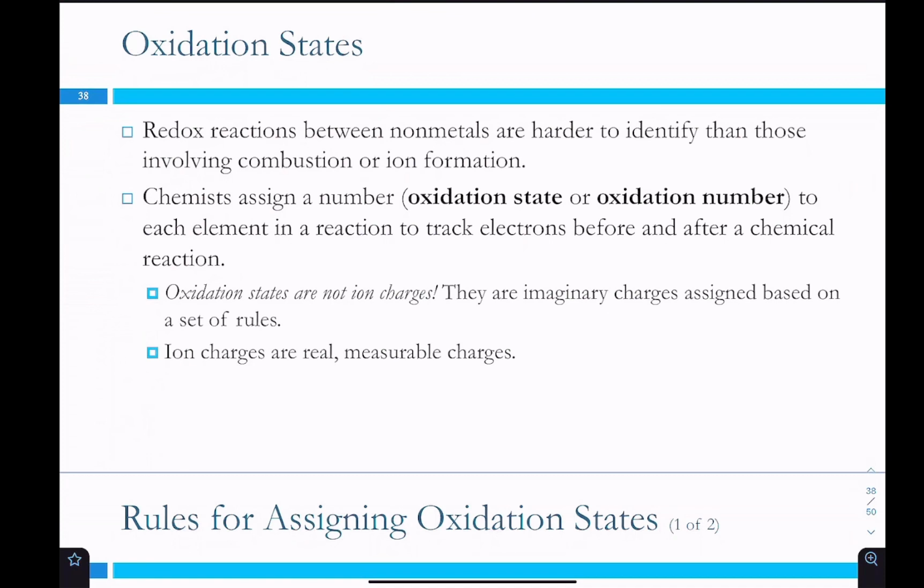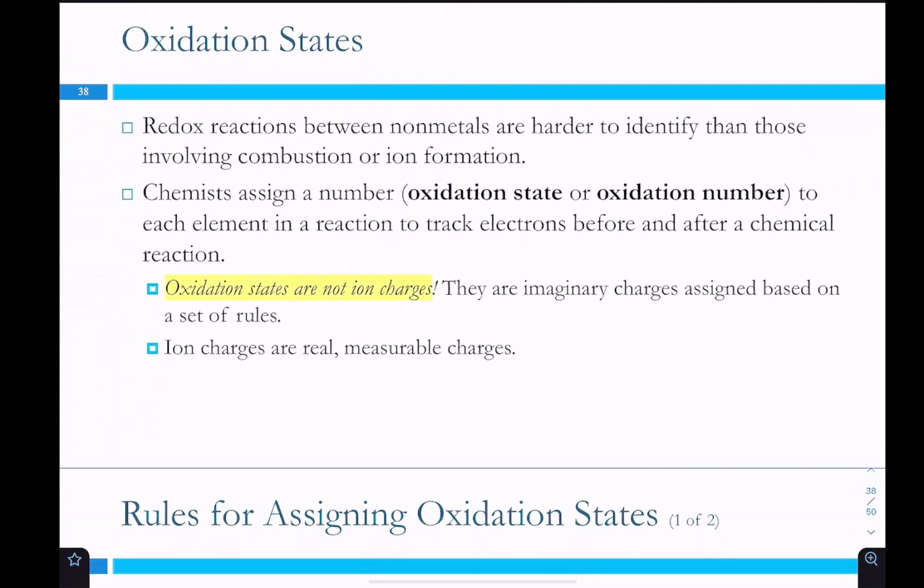Oxidation states are not ion charges. This is confusing because sometimes the oxidation state is the same as the ion charge, but that's just coincidental. One does not define the other necessarily.